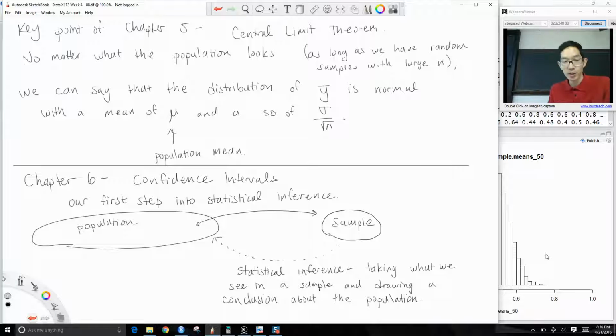This is where we are headed, because the population is too big to be observed directly.